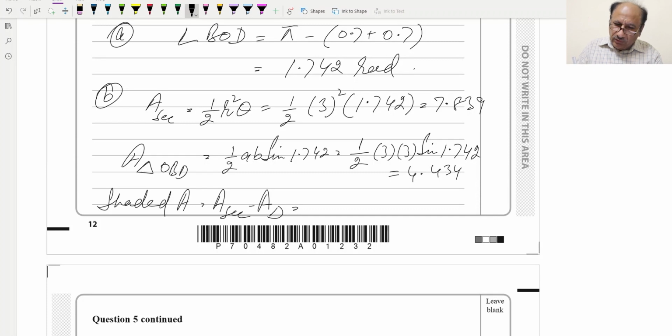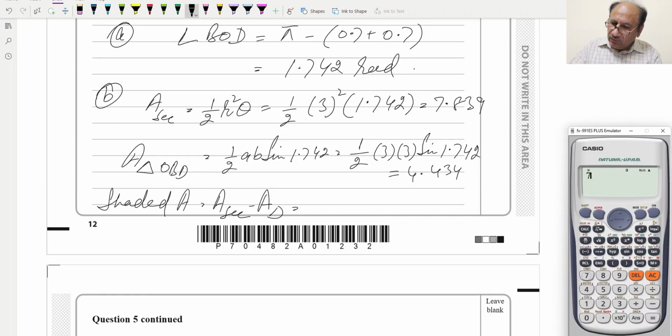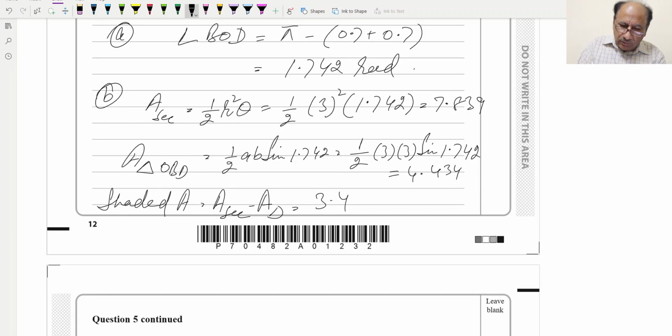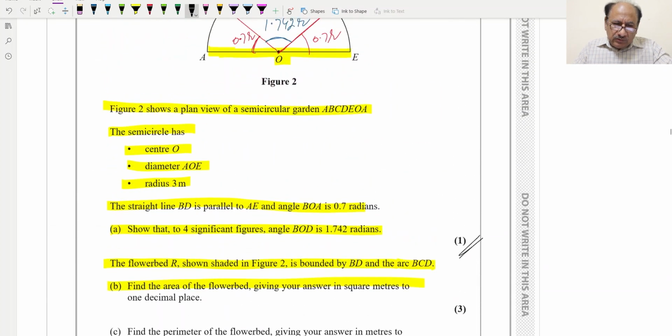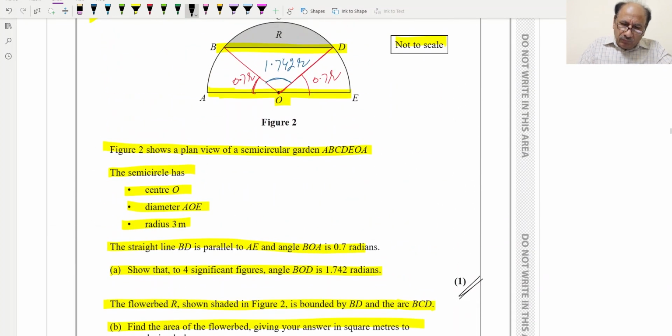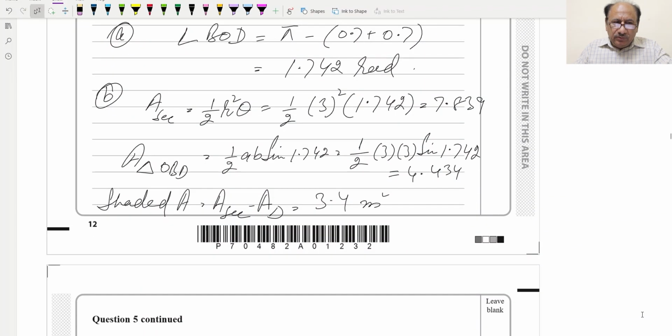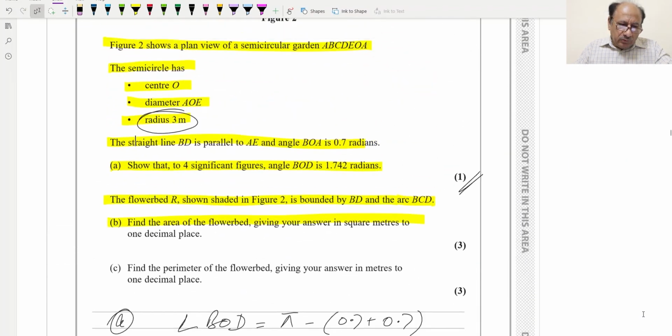And now we can subtract: 7.839 minus the answer is equal to 3.4. This will be the area in meter squared, because the radius is provided in meters, so our unit will be meter squared. Hopefully you got the B part.